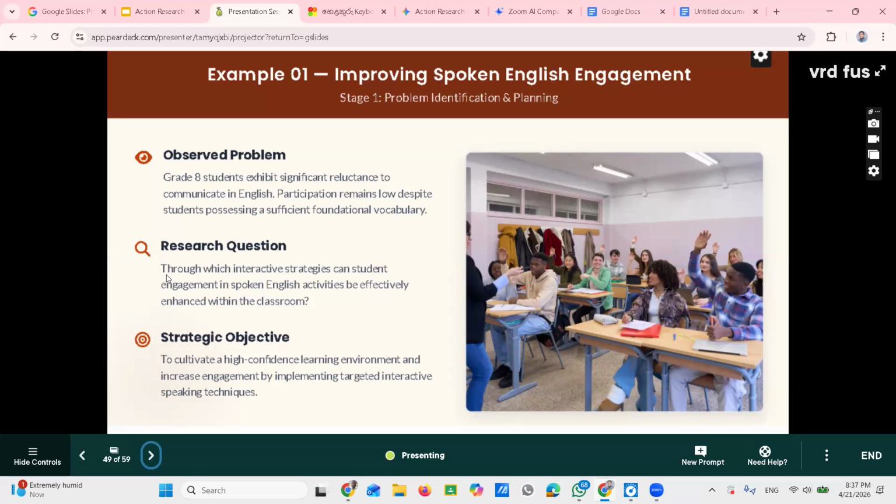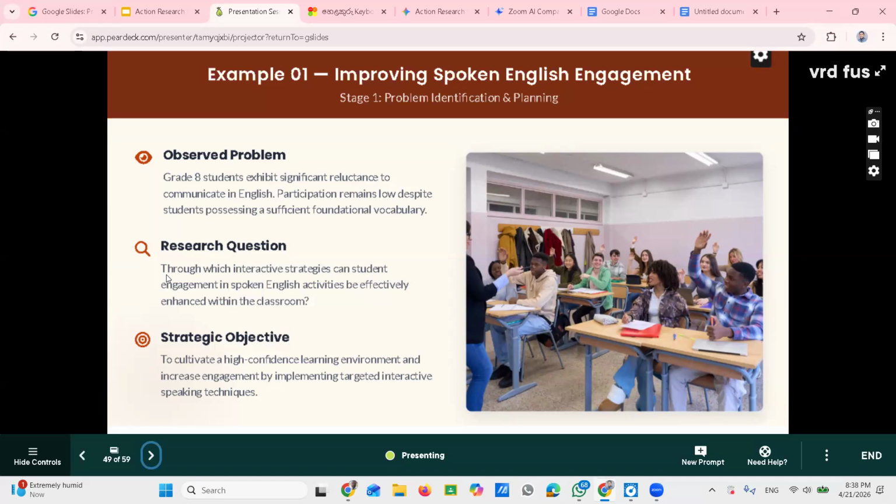Here, one example, we are discussing a few examples. The first one, improving spoken English engagement. That's the theme. Here, the observed problem is that grade 8 students exhibit significant reluctance to communicate in English. Participation remained low despite the students possessing sufficient foundational vocabulary.